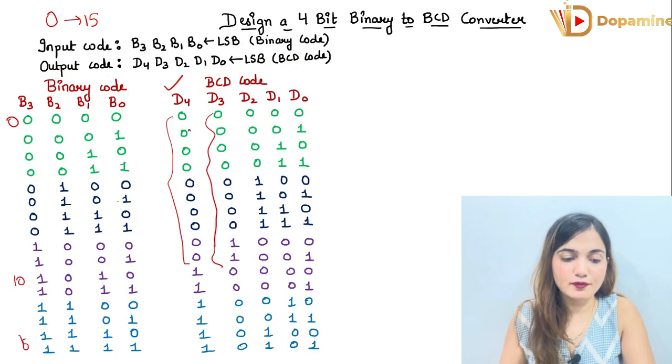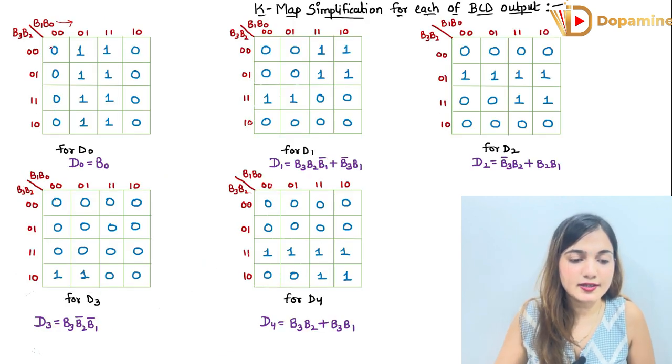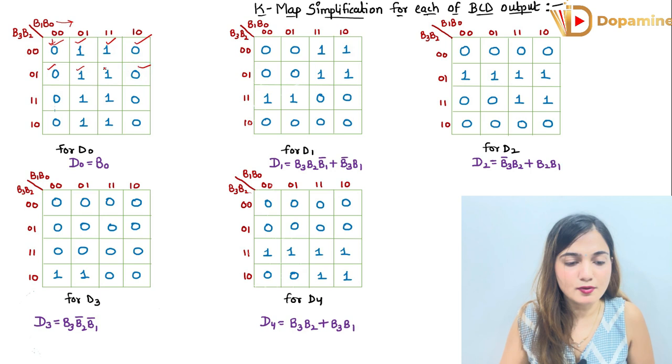For D0, the values are 0, 1, 0, 1, 0, 1, 0, 1, 0, 1 and so on. The first bit is put in the first cell, so you put 0 here, then 1, then the next bit, 0, then 1. Then 0, 1, 0, 1, and here 0, 1, 0, 1. So we can make this kind of K-map, and here we have to do the clubbing.